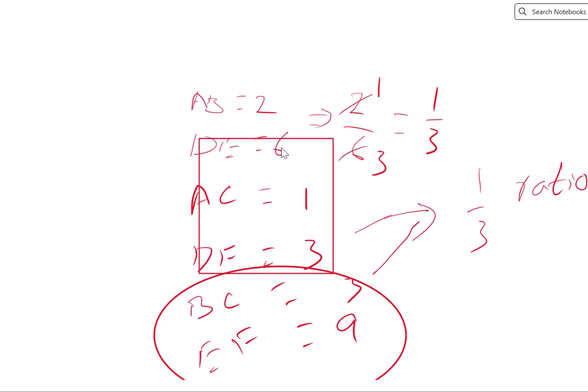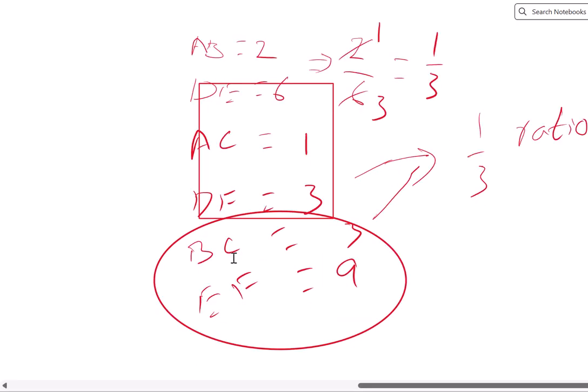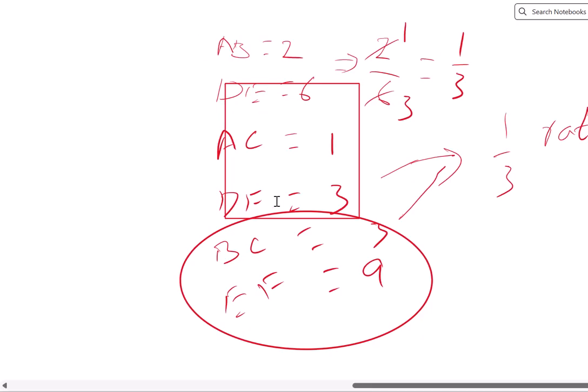It doesn't need to be 2, 6. It can be 1, 3. AC is 1, DF is 3, this is the ratio 1, 3. And BC doesn't need to be 2, 6 or 1, 3, but it can be different, like it can be 3, it can be 9, but their ratio should be 1/3. So this is what a ratio is and what we have to prove. If we have to say that ratios are the same, the numbers can be like this, they don't need to be equal.